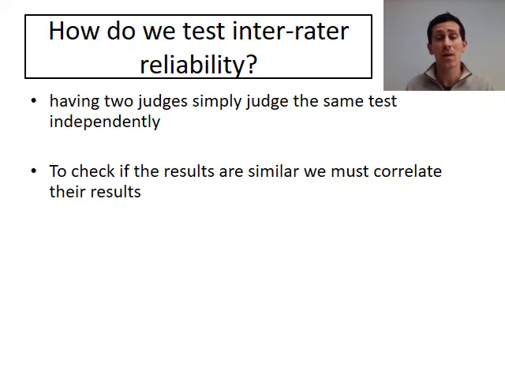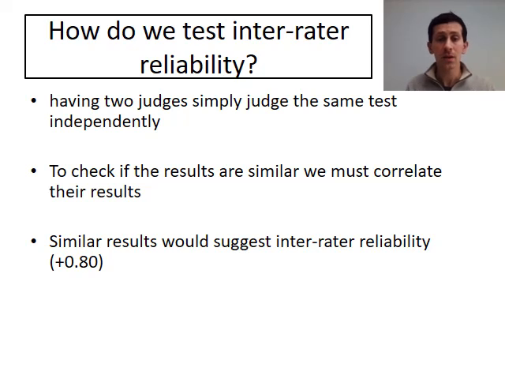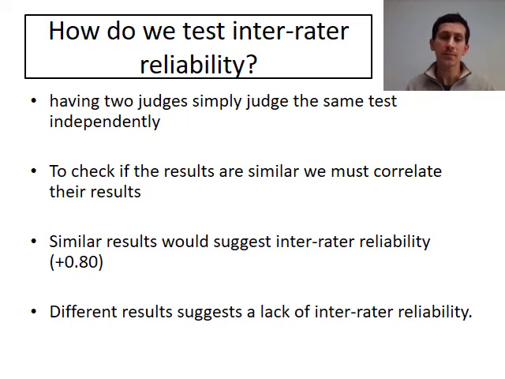We then check whether their results are similar, so we correlate their results. And if they've got similar results, again, you've got that number down there, that plus 0.8. If the correlation coefficient is high, and the results are similar between the 2 judges, then it suggests it has high levels of inter-rater reliability. And if they've got different results, it therefore lacks inter-rater reliability.